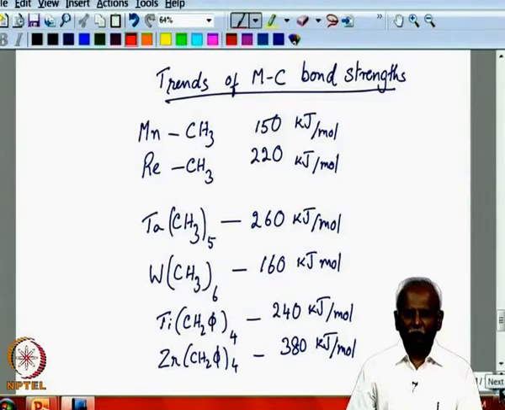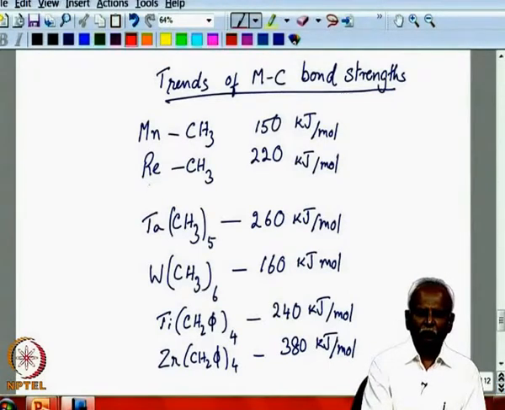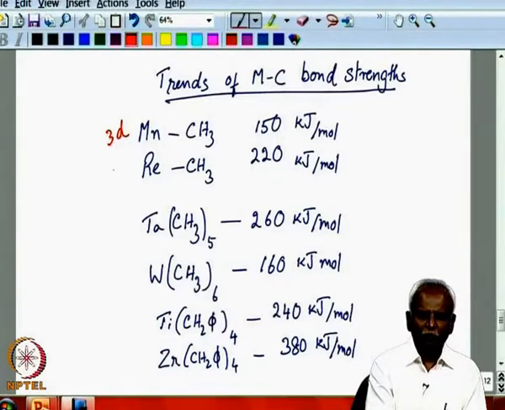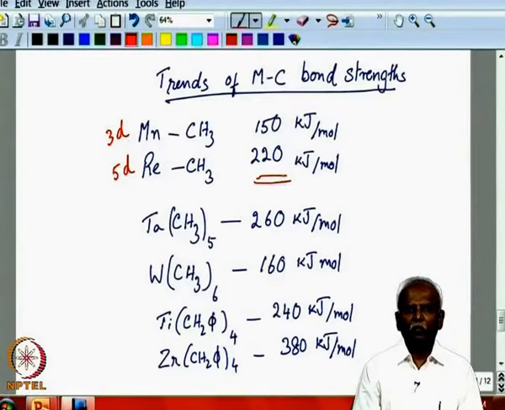In this particular transparency, I have shown you what would happen if you change the metal. If you move from a manganese methyl group to a rhenium methyl group, usually the bond strength increases. So, this is a 3d element, and if you go down the group, manganese, technetium and rhenium, you end up with a very strong metal alkyl bond strength.